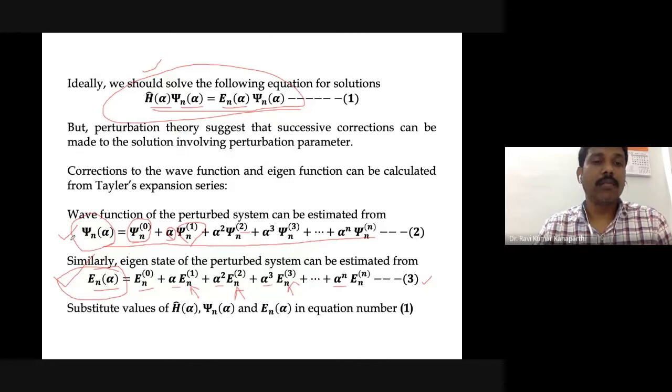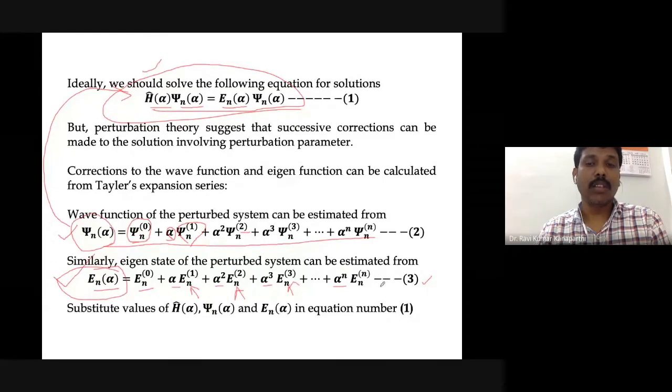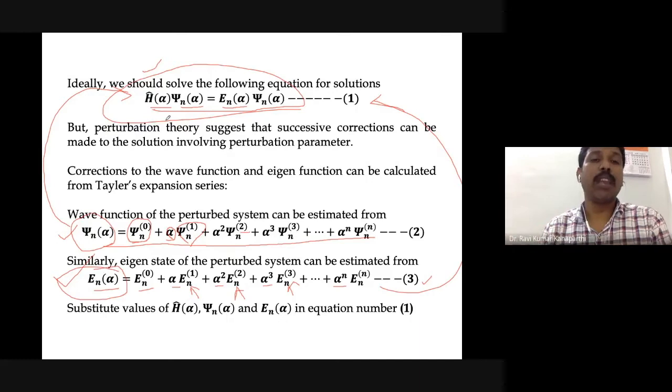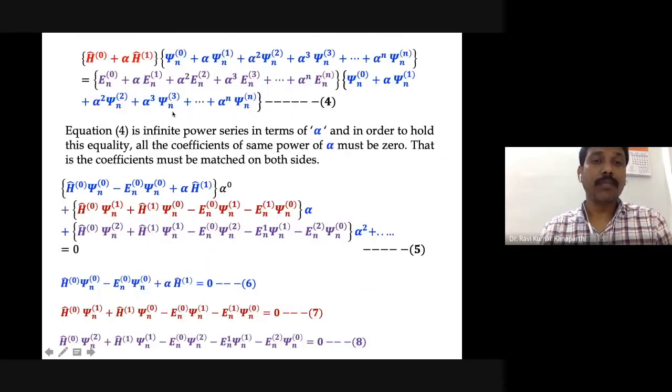Since the eigenstates and eigenfunctions may be expressed in terms of Taylor expansion series in the perturbation parameter, you can substitute these values into equation number 1. What is H of alpha? As we discussed previously, it is the sum of the unperturbed Hamiltonian plus the Hamiltonian that corresponds to the perturbation. All those things you can substitute here, and that is what is done here.